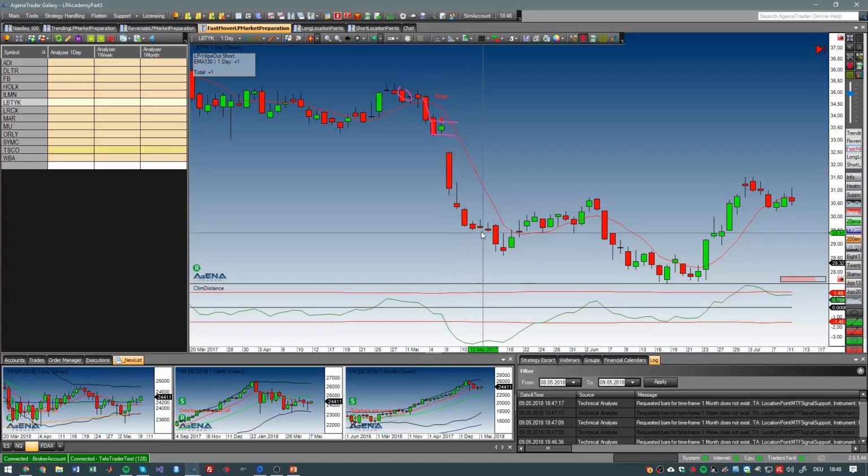And of course, if you have that smooth down move where one red candle follows the other, you probably won't be stopped out until here or here, and you have a great trade. You have also 4 or 5 times the risk earned.